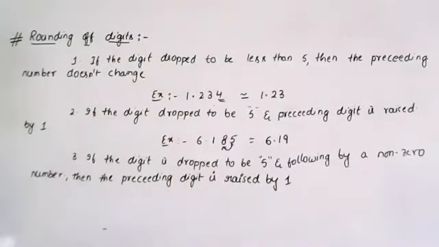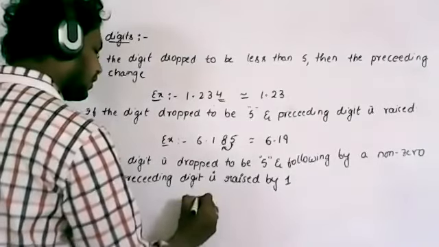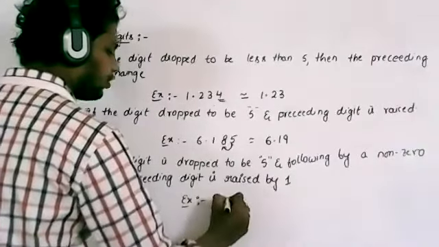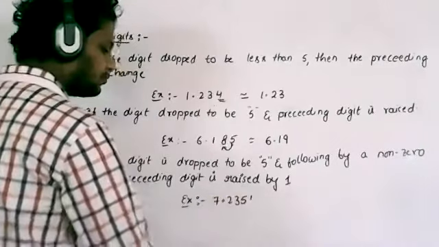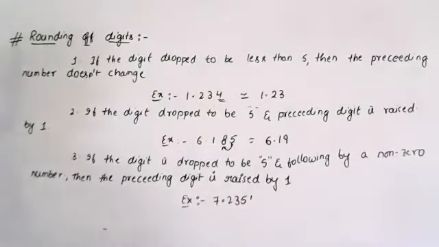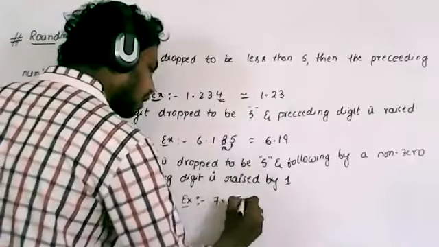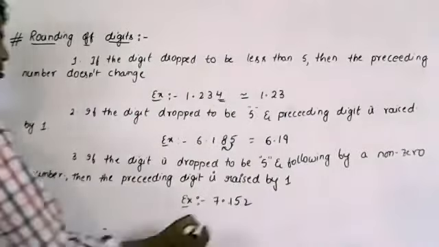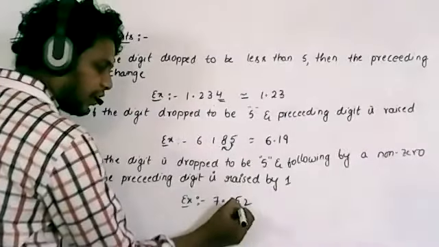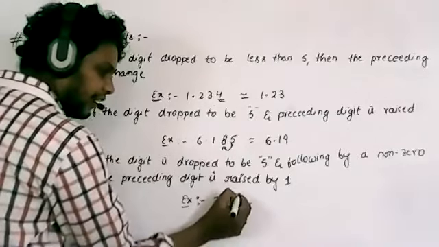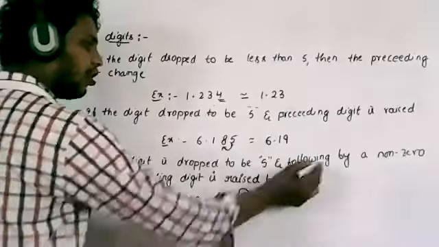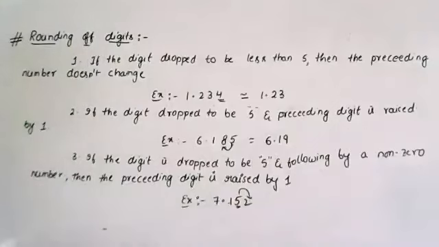For example, I'll take 7.2351, or else 7.152. For the 5, the next digit is a non-zero number.